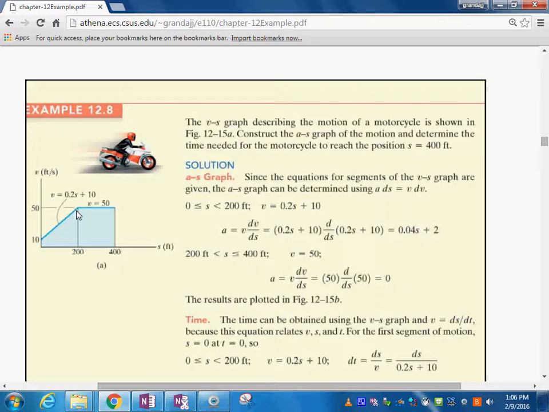So you have basically two sections, one from 0 to 200 feet, and the other one from 200 feet to 400 feet.